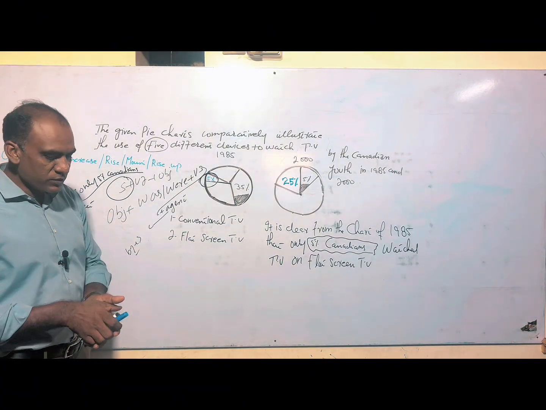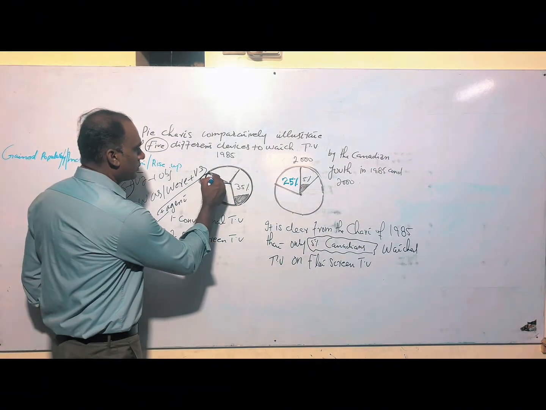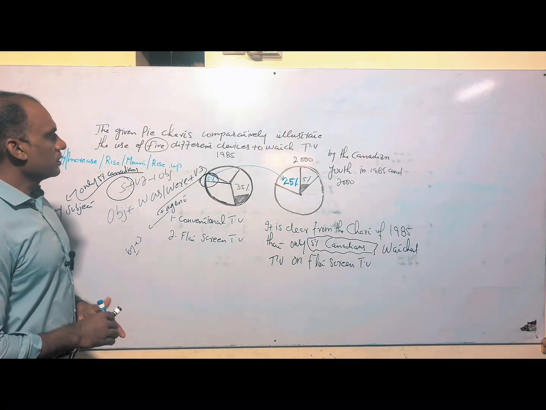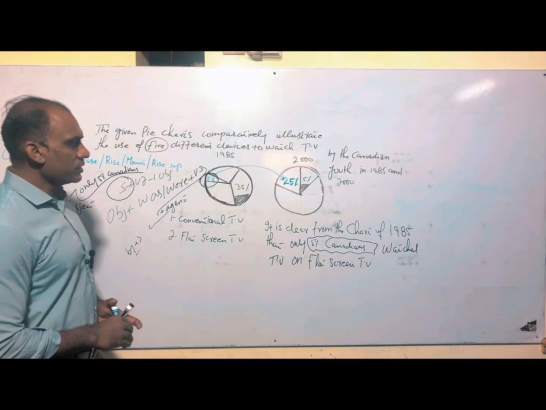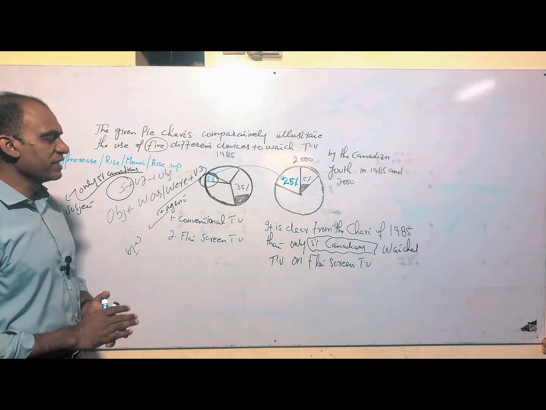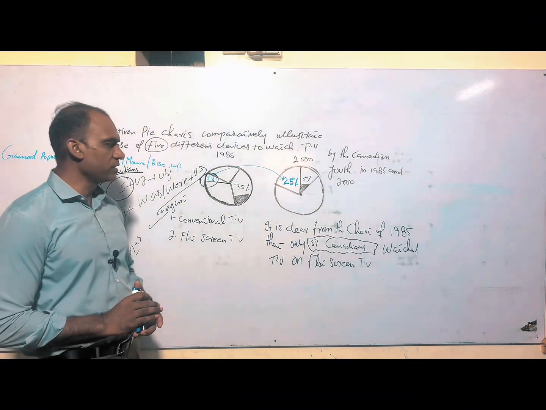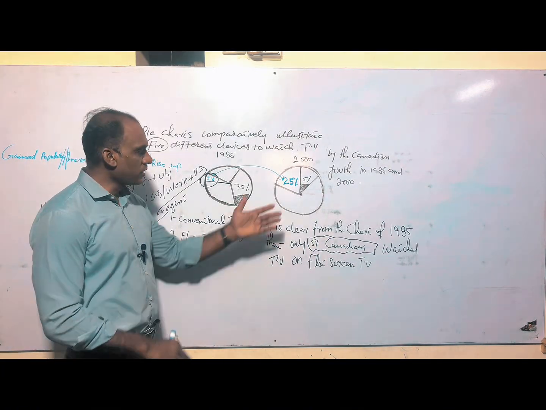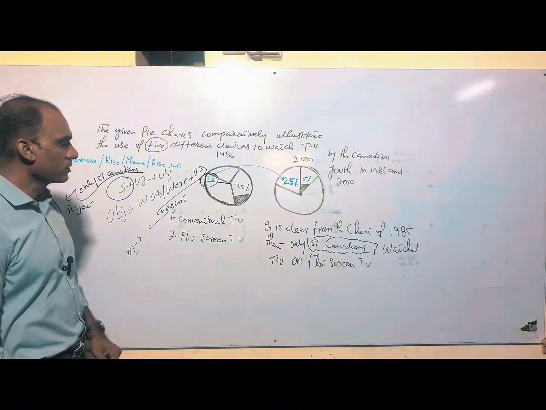Now everyone can see that there is an increase in the number of viewers who used flat screen TV after a period of 15 years. Now the question is, how would you describe this change?